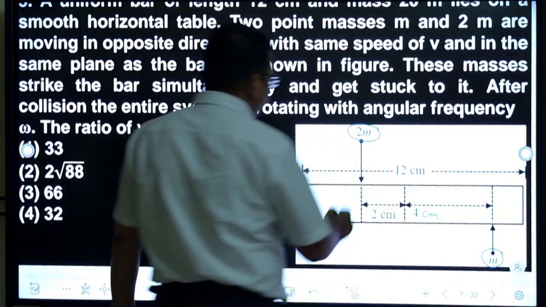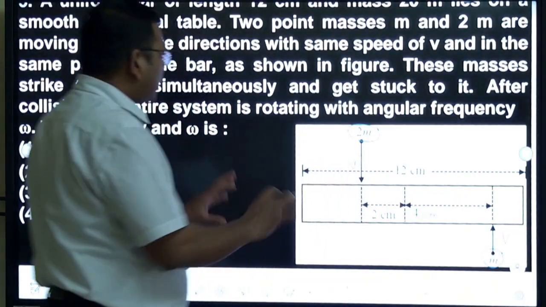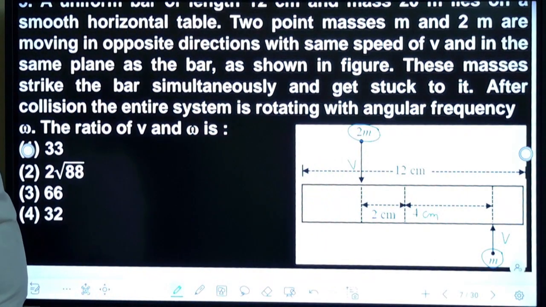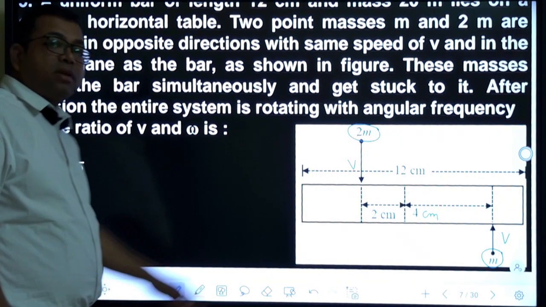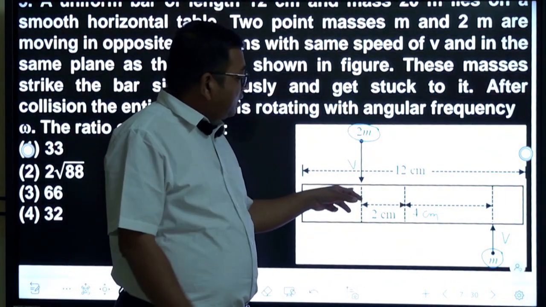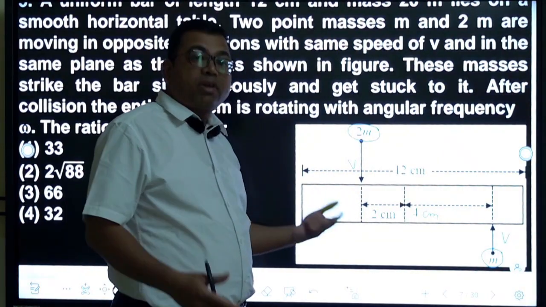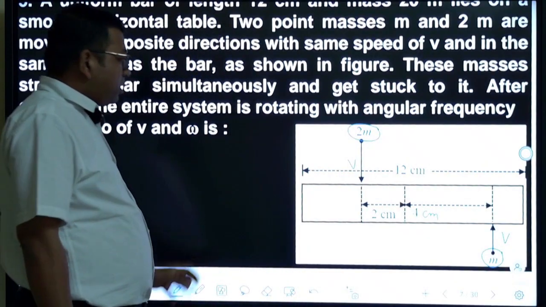Okay, they are moving with this speed v and they are going to hit. This rod was at rest, right? These masses strike the bar simultaneously and get stuck. Stuck means it will stick here, means what? If it sticks here, there will be a perfectly inelastic collision.